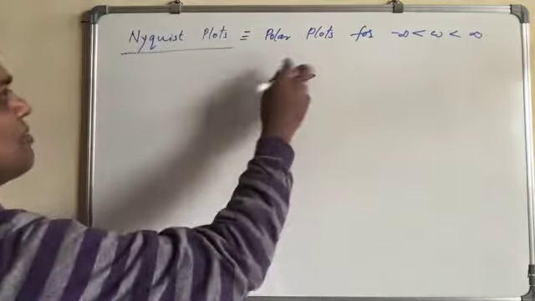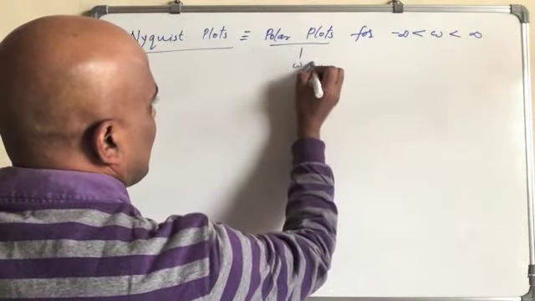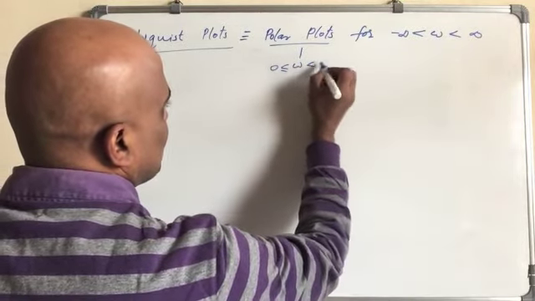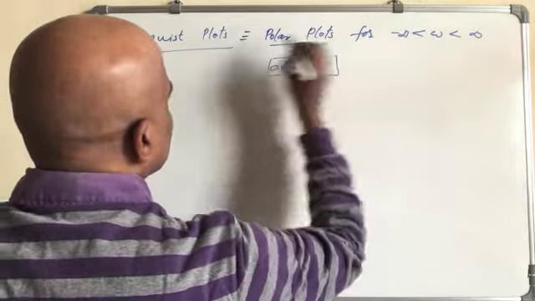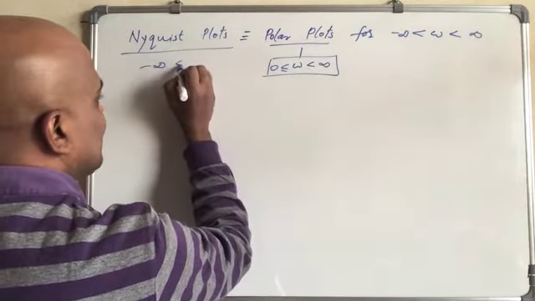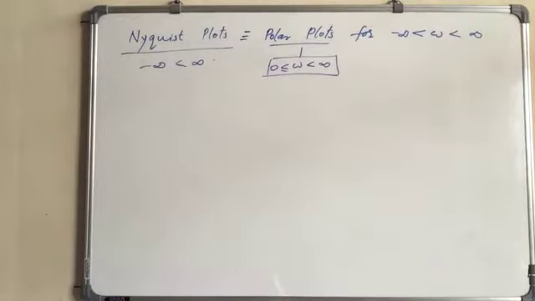In polar plots, we have seen that typically we had omega positive only, from 0 to infinity, but the Nyquist plots are for minus infinity to infinity. So this is what the difference is.